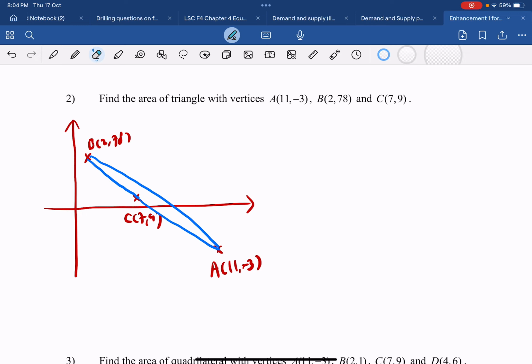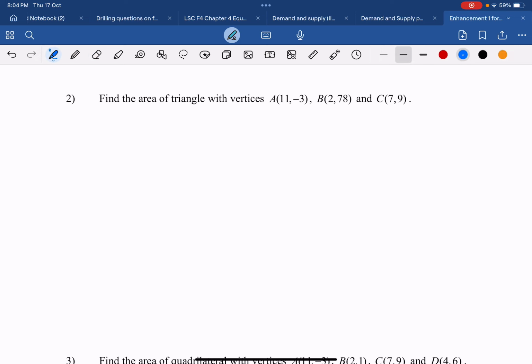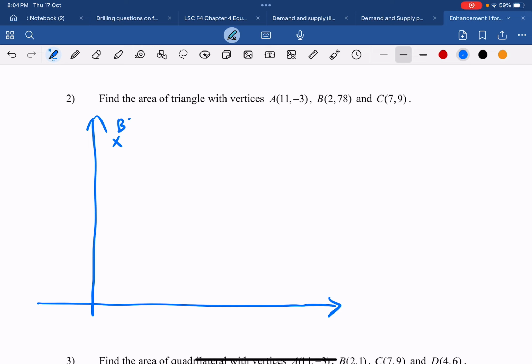Okay, never mind. So annoying. Wait, I'll draw it better. Give me some time. So here is B, 2, 8, and then 7, 9 is here, and then A may be somewhere here. Oh, now the diagram is better.